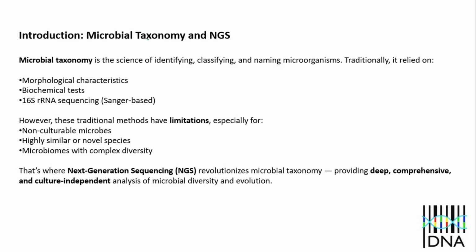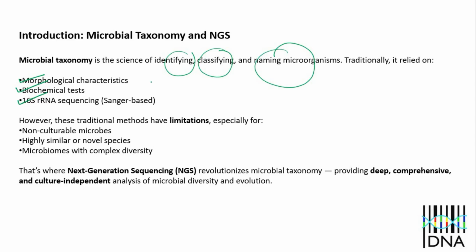Now we discuss the role of NGS in microbial taxonomy. Microbial taxonomy is the science that is used to identify, classify, and name microorganisms. It depends upon microbial characteristics, biochemical testing, and 16S RNA sequencing.